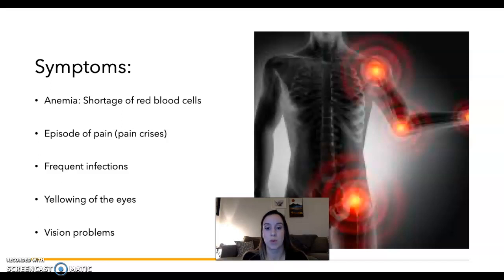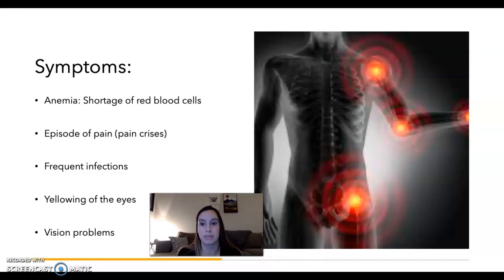And just some quick facts here. Some of the symptoms are anemia, which is a shortage of red blood cells. There are a lot of episodes of pain, also known as pain crises, and this is common because when the red blood cells sickle, they stack on top of each other, and it can build up, leading to cardiovascular problems, but it can also build up around the joints, which can be very painful.